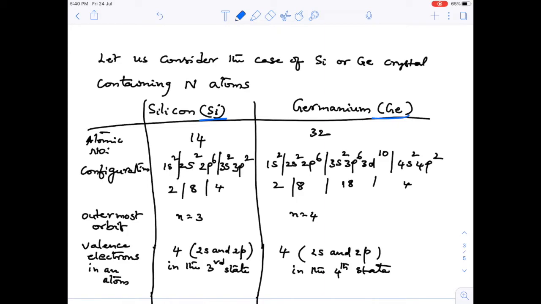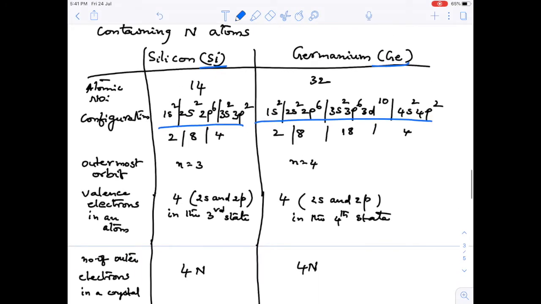Atomic number is 14 for silicon and 32 for germanium. Now the electronic configuration: 1s2 2s2 2p6 3s2 3p2 for silicon, and 1s2 2s2 2p6 3s2 3p6 3d10 4s2 4p2 for germanium. So the shells have 2, 8, 18, and the outermost 4 electrons, so 2, 8, 18, 4 in germanium.